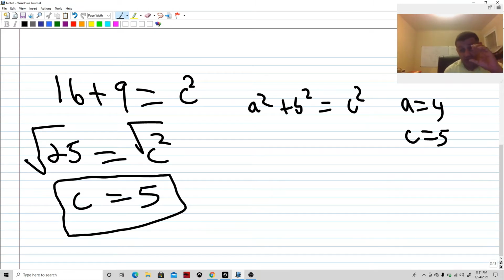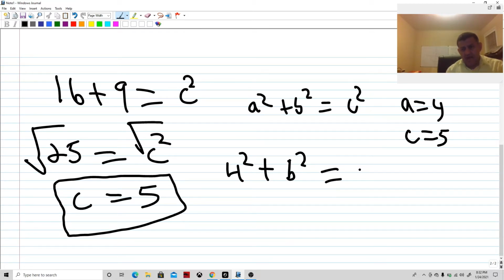So what we do, we substitute those numbers in the formula, right? We have an A, so now we do 4 squared plus B squared. We try to solve for B, and that is equal to 5.